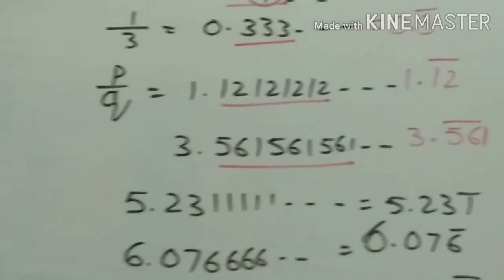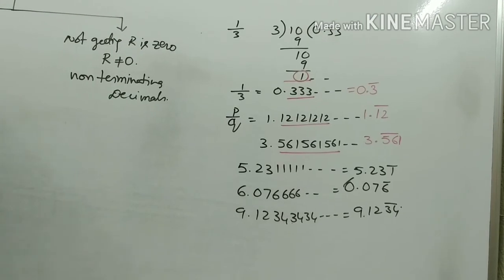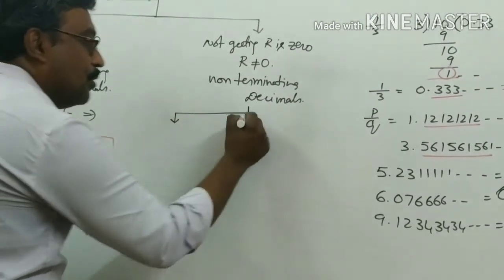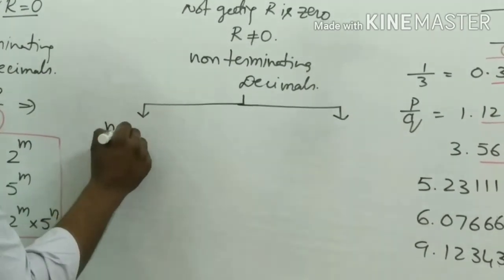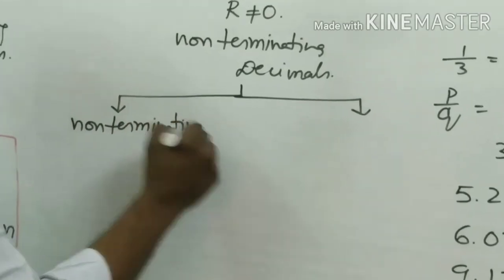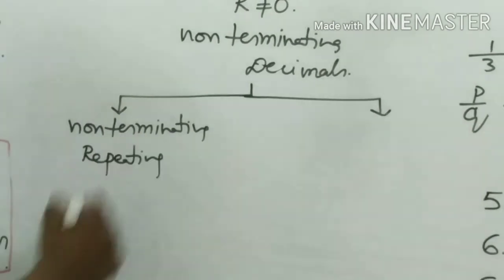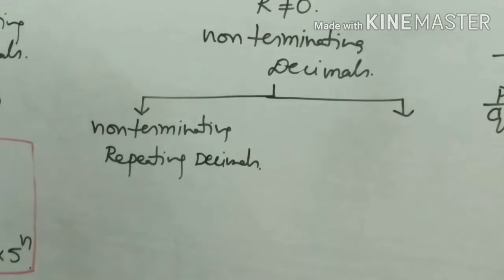So non-terminating decimals are divided into 2 categories. What are they? Non-terminating repeating, or recurring, decimals.